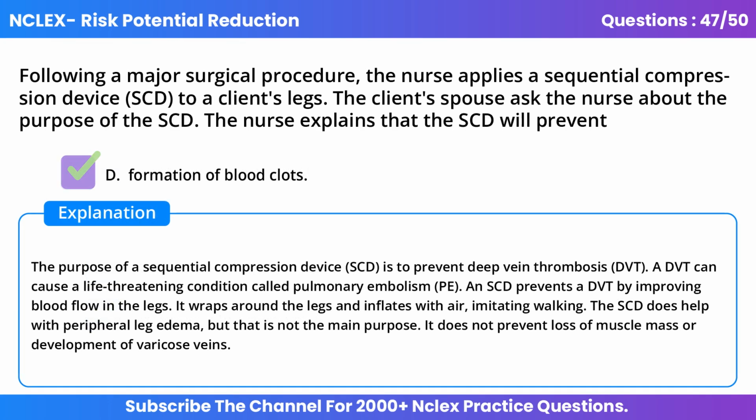The purpose of a sequential compression device is to prevent deep vein thrombosis, DVT. A DVT can cause a life-threatening condition called pulmonary embolism, PE. An SCD prevents a DVT by improving blood flow in the legs.